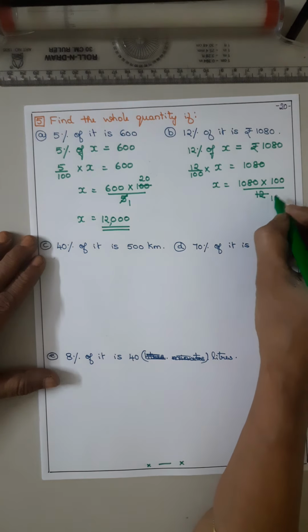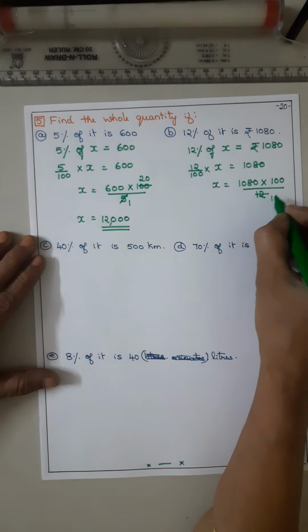So x is equal to rupees 9 and 1 2 3 zeros. So you got rupees 9,000.